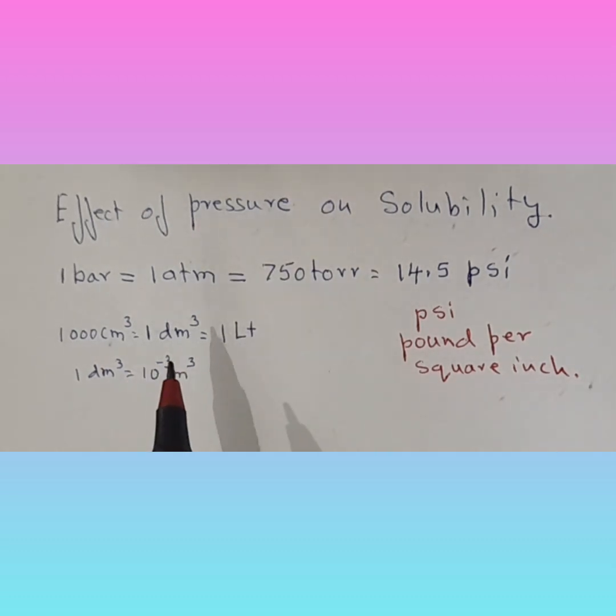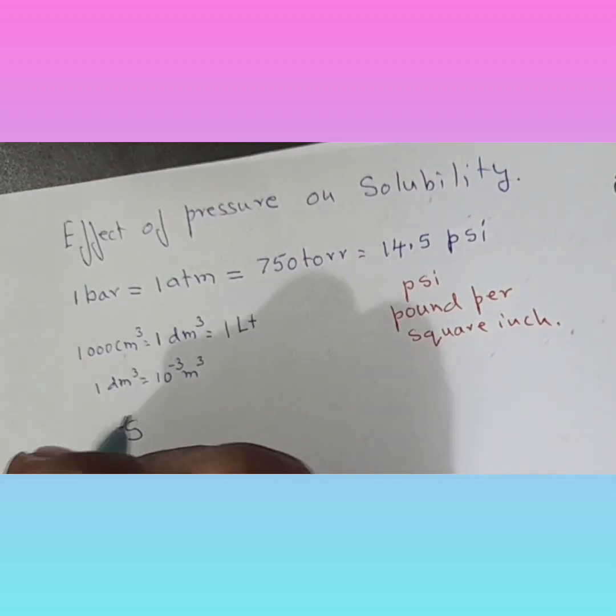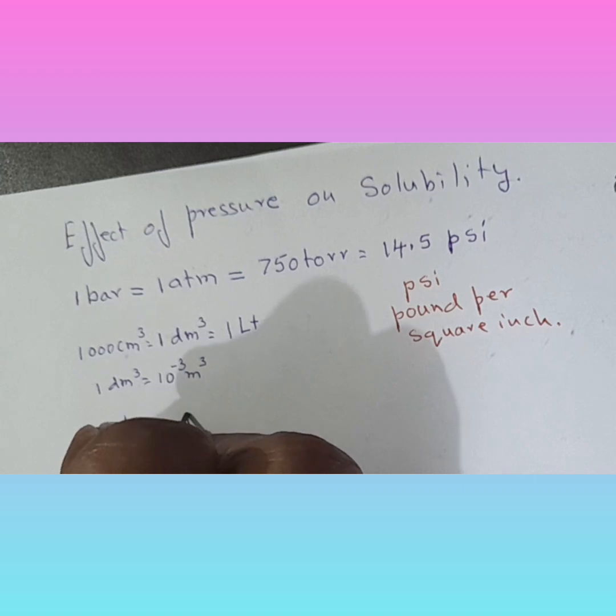It's anybody's guess that solubility of gas increases with pressure. But this relationship was penned down by Henry. So Henry's law states that solubility is directly proportional to pressure.